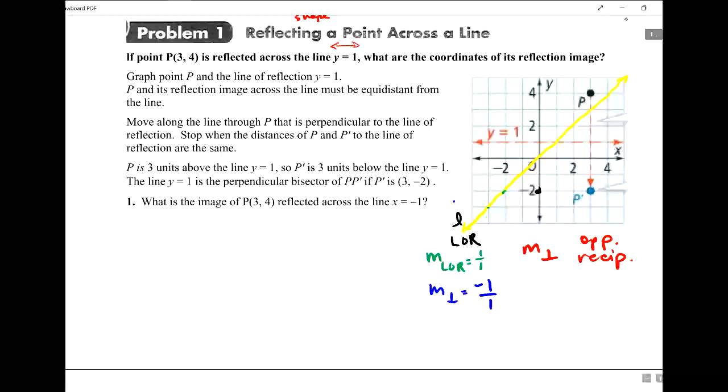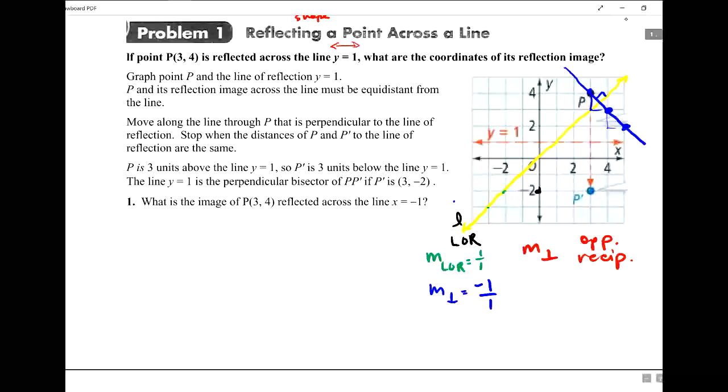So I start at point P, and I go down 1 over 1, down 1 over 1, and I now have a line that is perpendicular to my line of reflection.